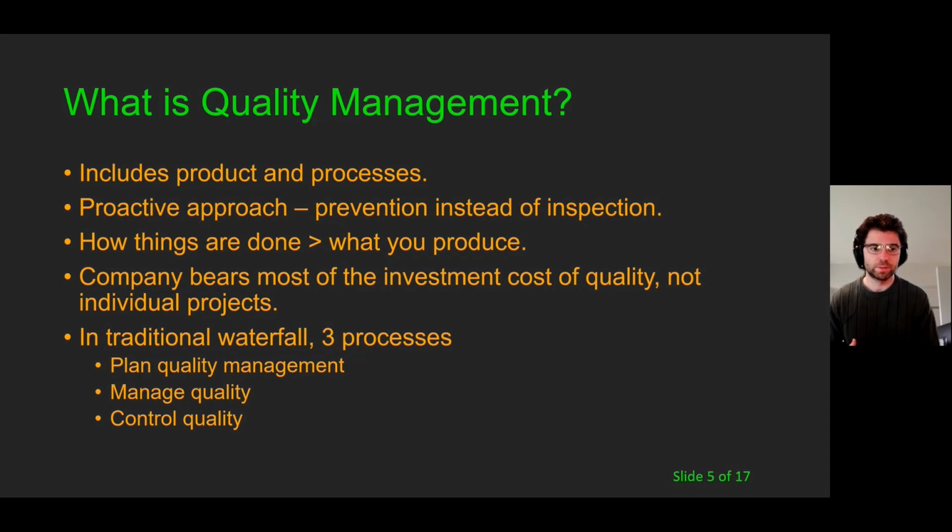Quality management is really about taking a proactive approach to quality, which means you are essentially working to prevent an issue, even if it's something that you have not built yet. You are taking preventative steps so that at some point when you do build it, you avoid issues.